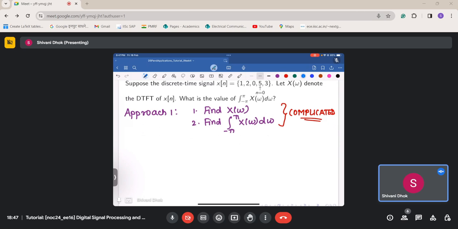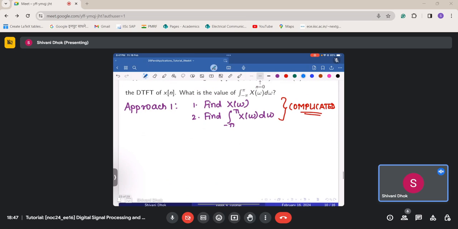For that, let us write down the reconstruction equation, that is, how we get x[n] from X(omega). So we have x[n] as 1 over 2 pi times the integral from minus pi to pi of X(omega) into e power j omega n d omega.